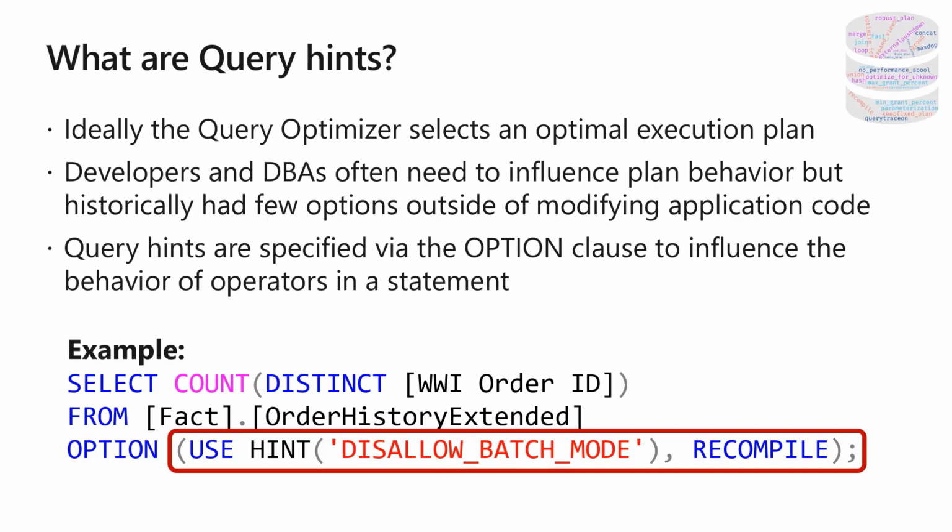Or you may even need to lower the compatibility level for a particular query to prevent having to lower the compatibility level at the database scope, because you realize other benefits at being at that higher database compatibility level. So there are many reasons you may need to influence plan behavior. In the example shown here, we're disallowing batch mode and also telling SQL Server to recompile the query on each execution.